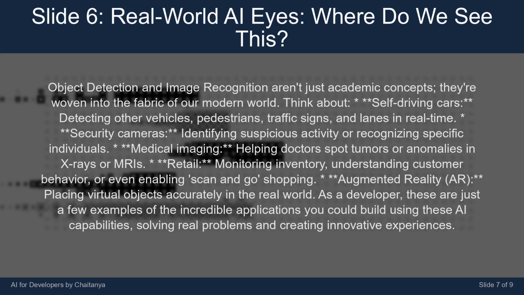Retail, monitoring inventory, understanding customer behavior, or even enabling scan and go shopping. Augmented reality, AR, placing virtual objects accurately in the real world. As a developer, these are just a few examples of the incredible applications you could build using these AI capabilities, solving real problems and creating innovative experiences.